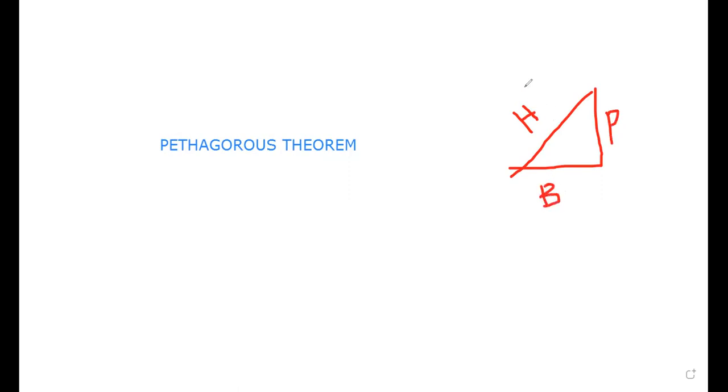If this is our triangle with hypotenuse, perpendicular and base, we can also write them as R, Y and X. So hypotenuse squared will be equal to base squared plus perpendicular squared.